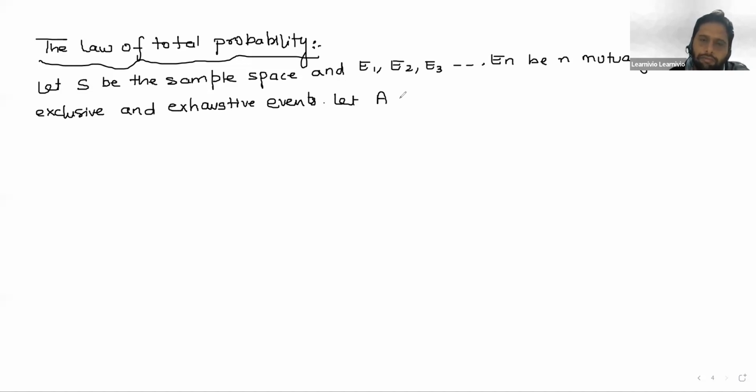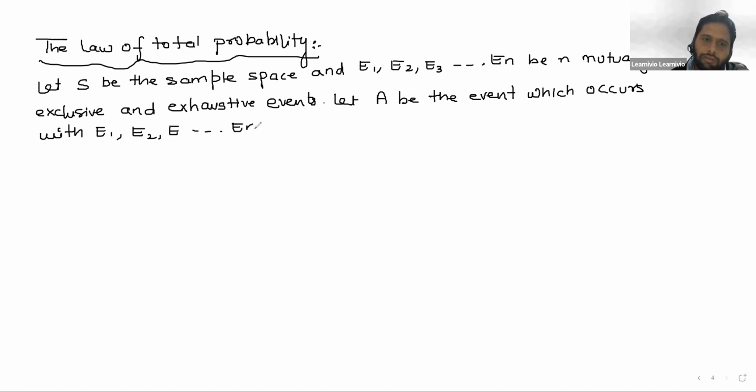Let A be the event which occurs with E1, E2, E3, and so on up to En.